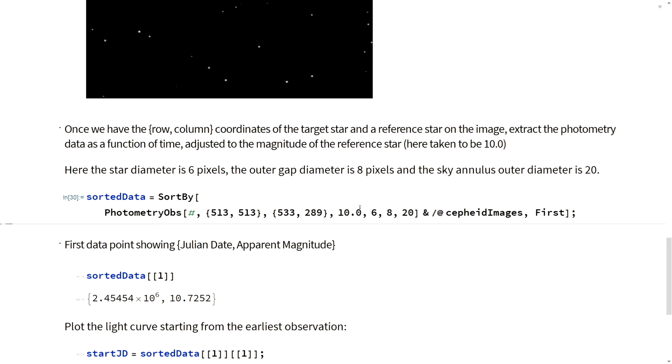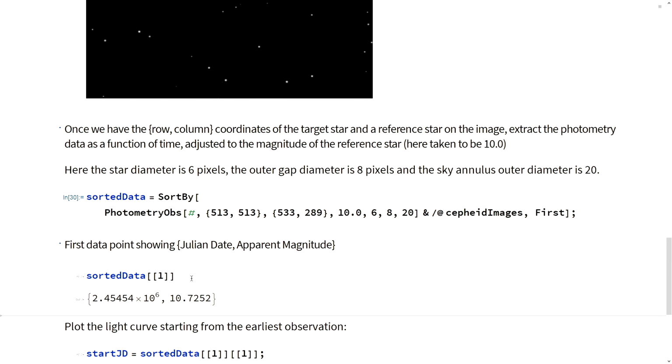But it's pulled those in and done the computation with the reference star at magnitude 10, the diameter of the star mask 6 pixels, an 8 pixel diameter gap, and a 20 pixel diameter annulus. And it sorted those by the observation time. So they're all in sequence, although not necessarily evenly spaced, and that's a significant thing.